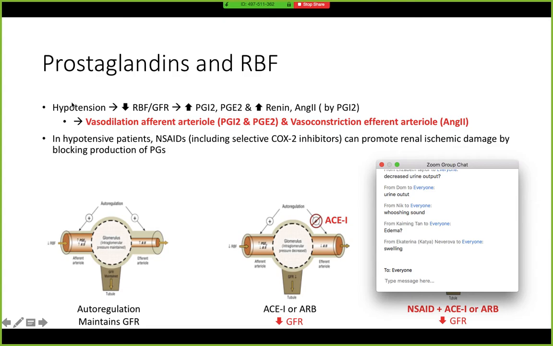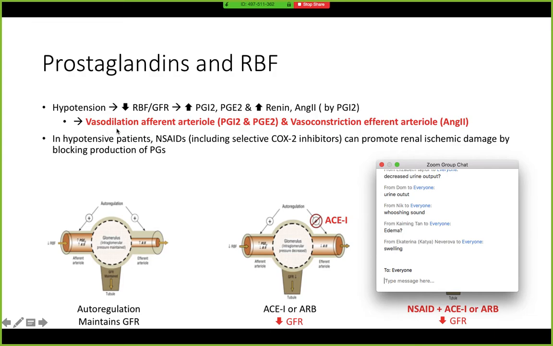So if you have a hypotensive patient or a patient who's losing a lot of blood, you're going to see a decrease in renal blood flow and GFR, and as a result, an increase in prostaglandin I2 and E2, and then an increase in renin and angiotensin II, and this is mediated by prostaglandin I2.